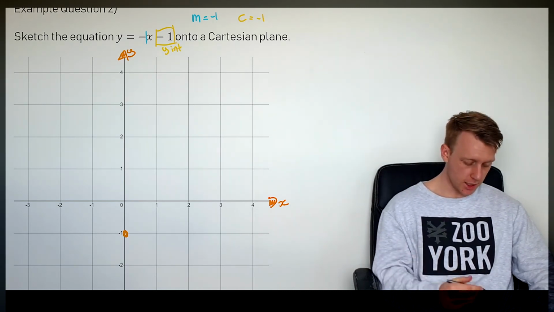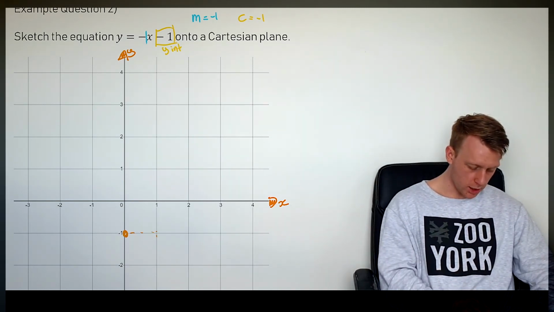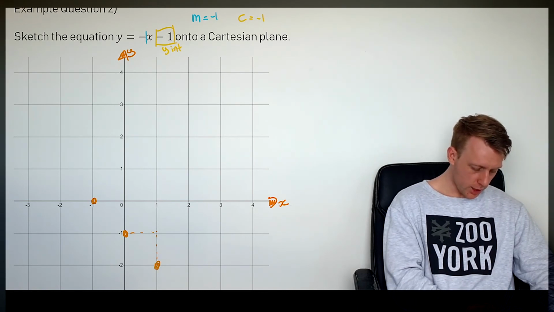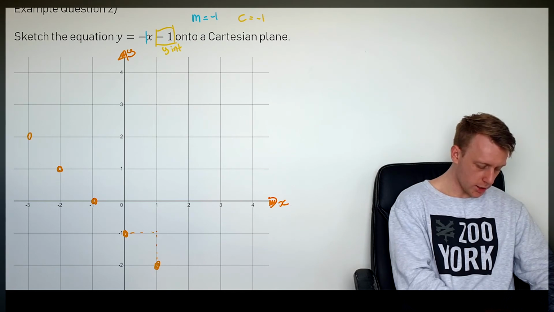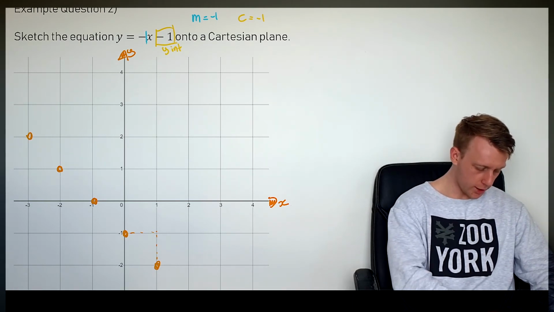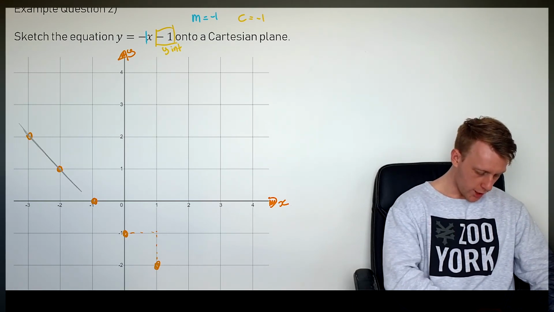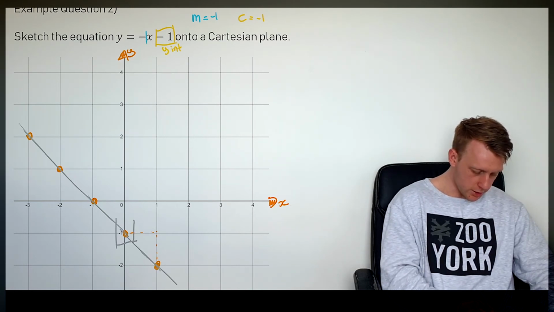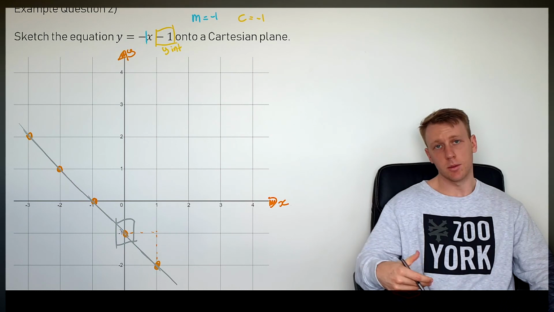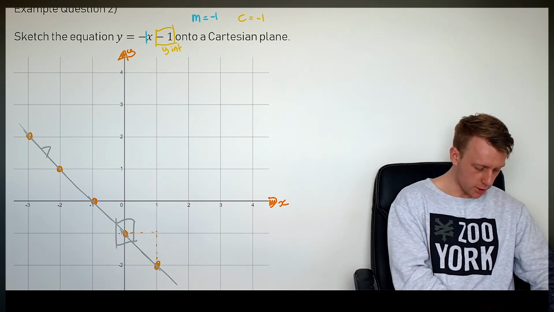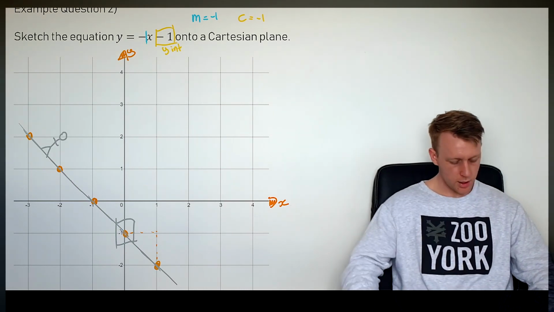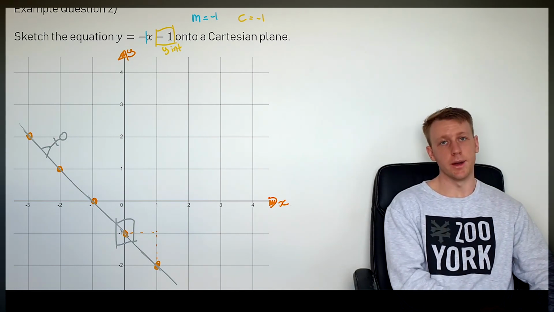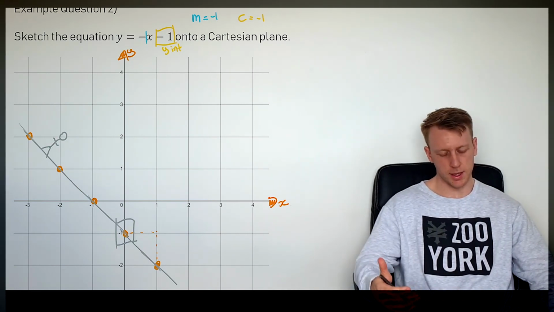And I'm going down the hill, so as I go along 1, I'm going to go down 1. My points are going to act accordingly, where I've got a straight line that cuts through right at this point here at -1, and I'm going down the hill. If you can imagine, there's your stick figure walking down the hill. And as you're going along 1, you're going down 1, which is our slope being -1.